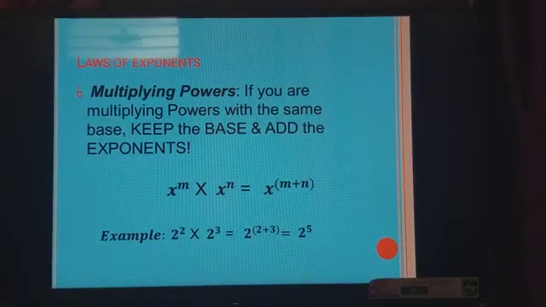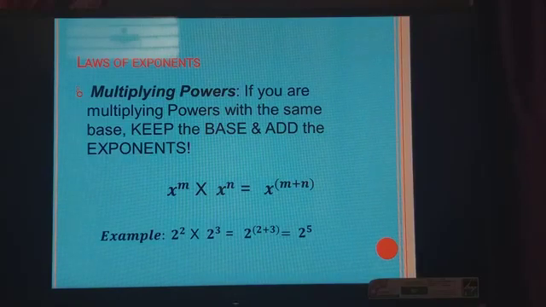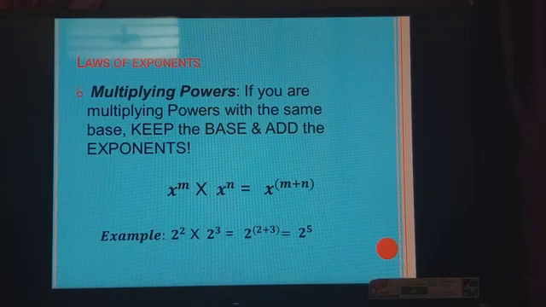For example, x raised to m multiplied by x raised to n: we keep the base the same, that is x, and add the exponents of both powers. The example is very evident: 2 raised to 2 into 2 raised to 3 is equal to 2 raised to 2 plus 3, that is 2 raised to 5.